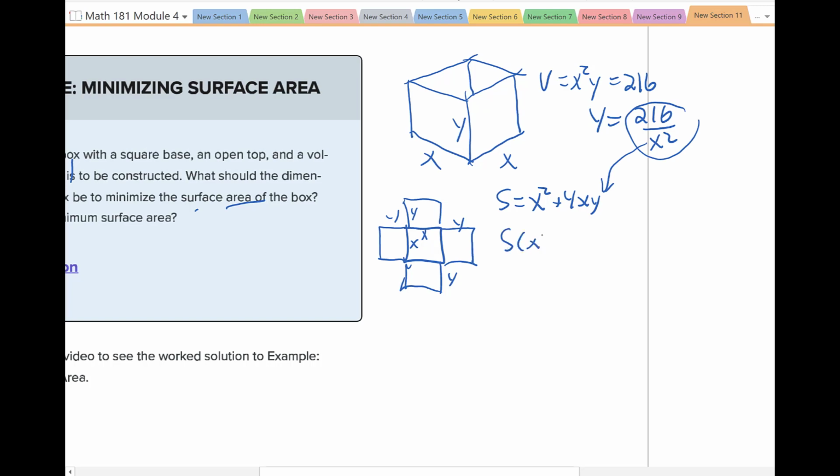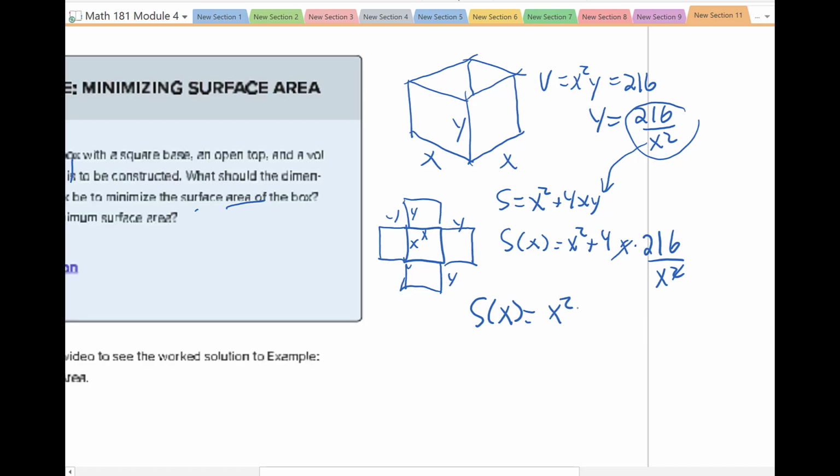So surface area in terms of x is x squared plus 4x times 216 over x squared. So the x's would divide out. S of x is x squared plus 864 over x.